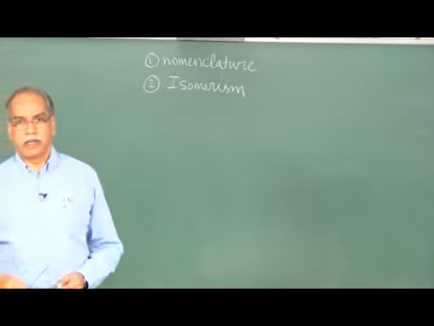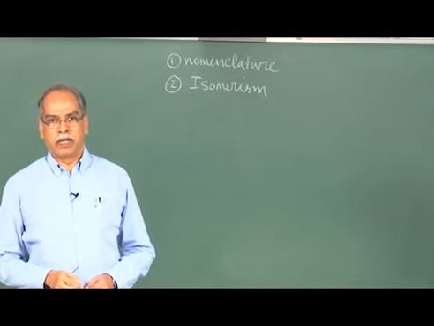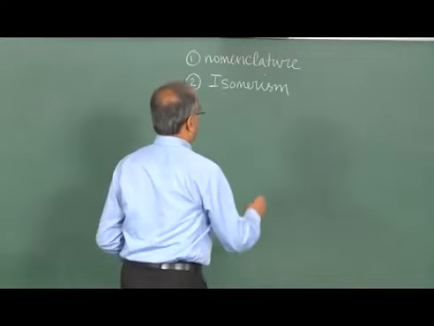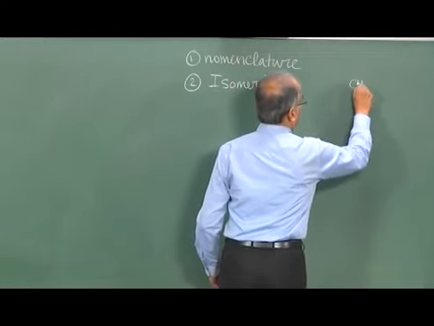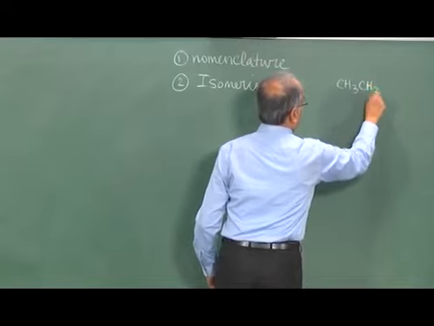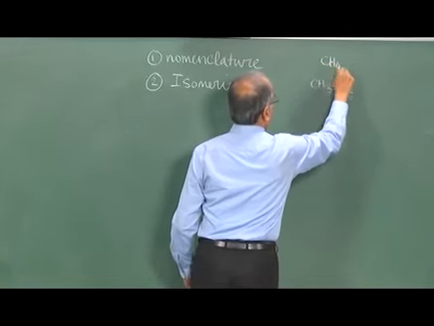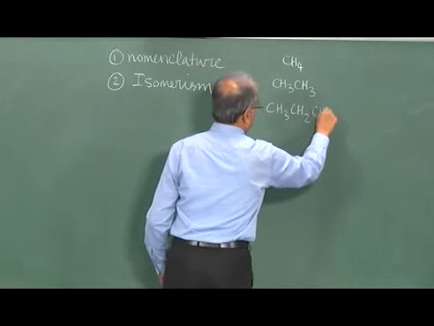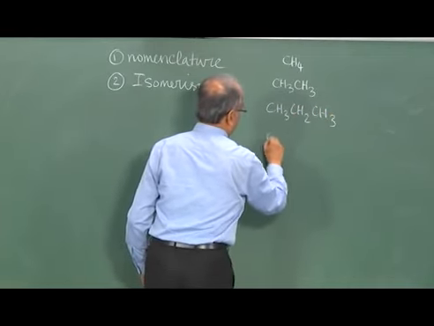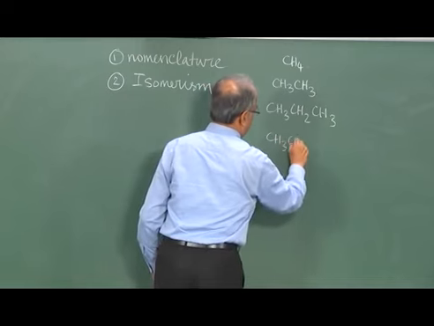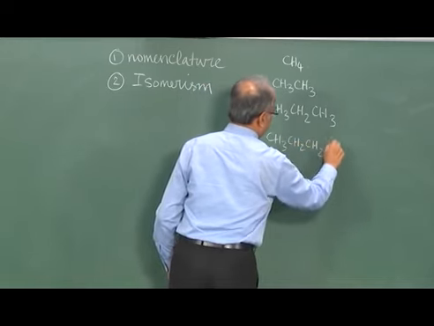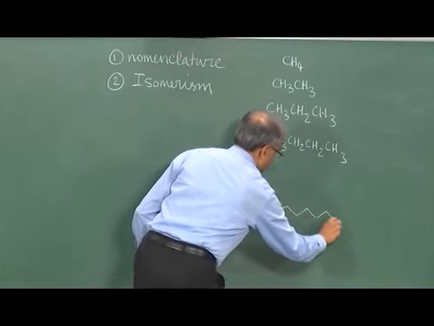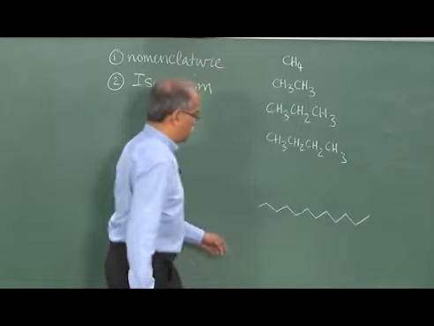Now, carbon atom has the ability to combine itself to form long chains of carbons. For example, you have methane, ethane, propane, butane, and you can go all the way up to longer chains of 10 or 12 carbon chains.